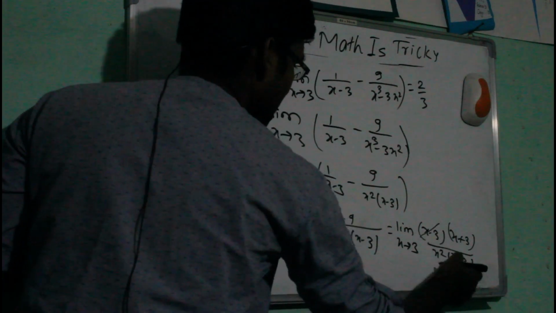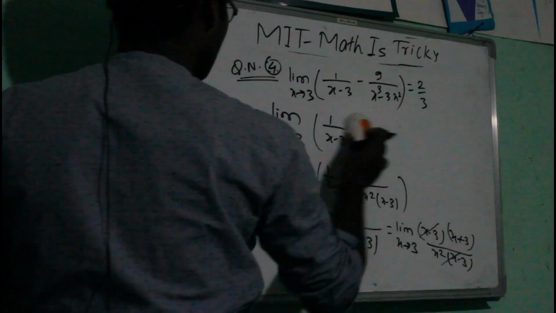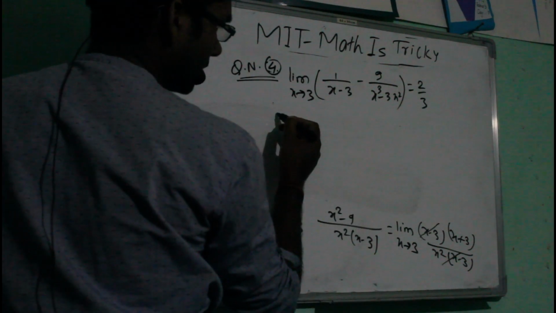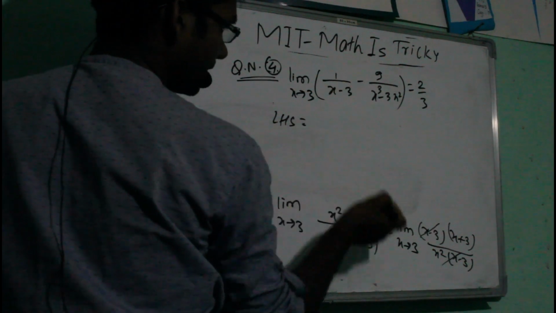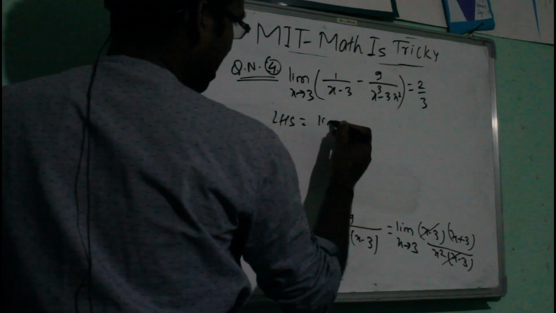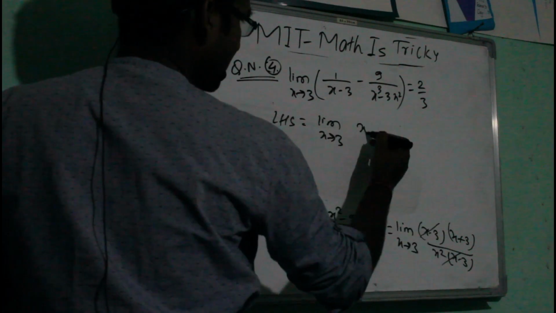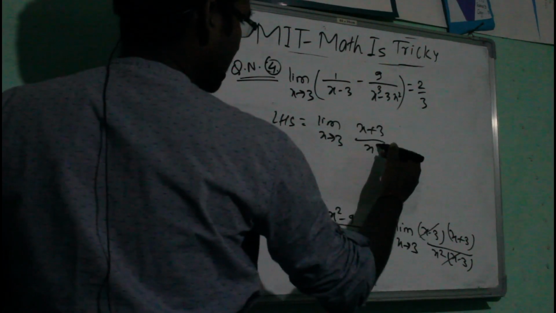This and this cancel, so now the LHS becomes limit x tends to 3 of x plus 3 by x square.